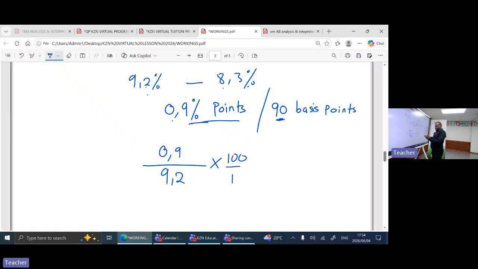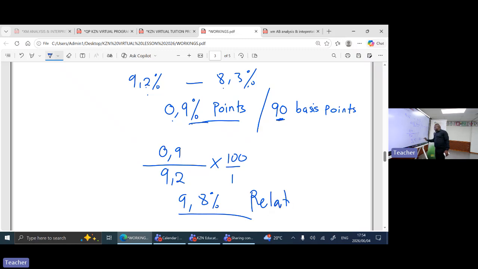So 0.9 over 9.2 times 100 is giving me 9.8%. So this decreased by 9.8%.